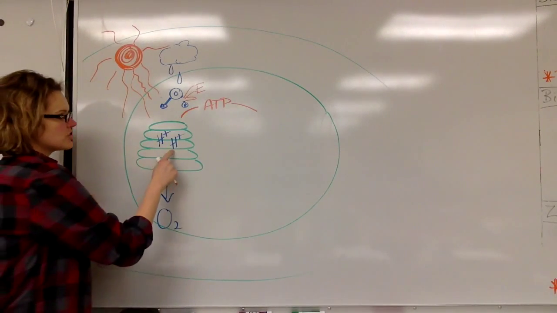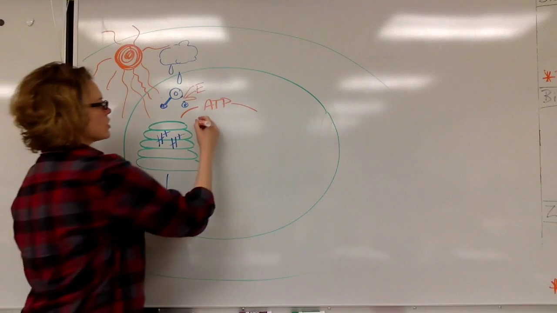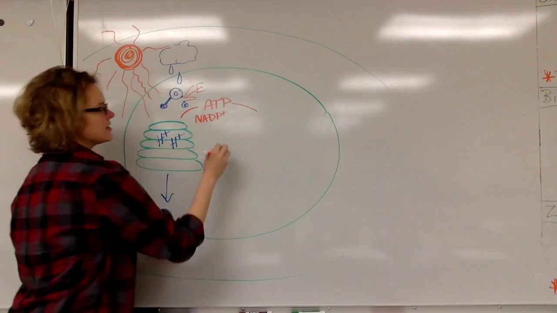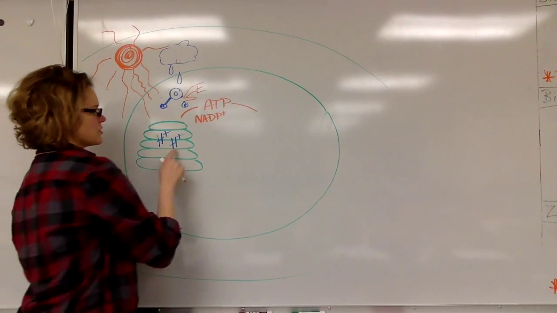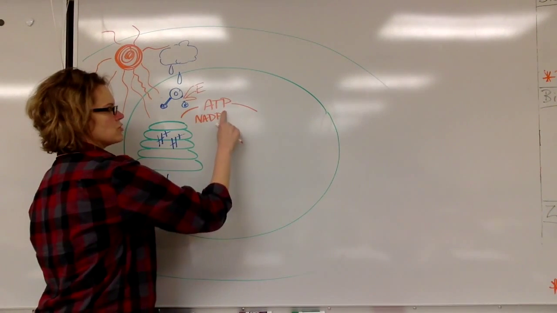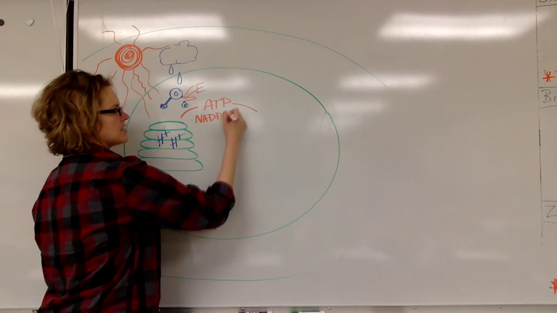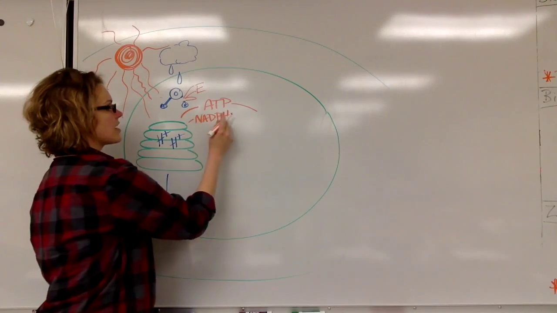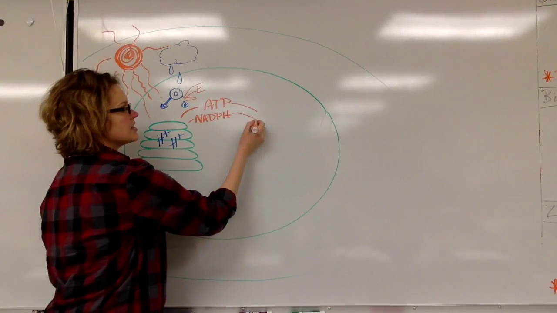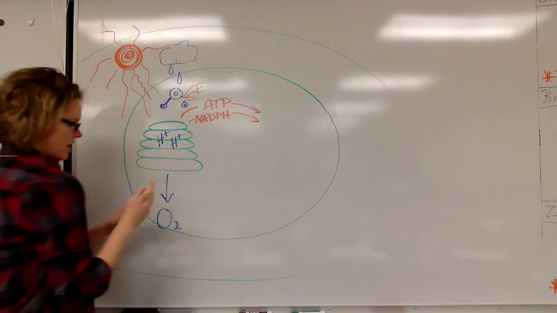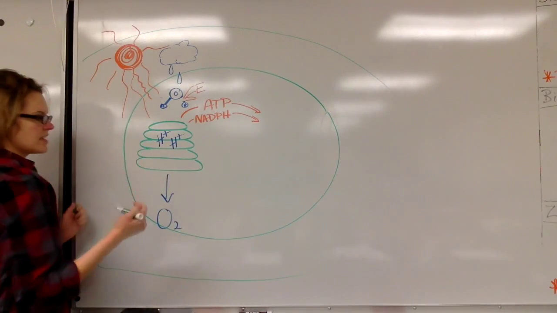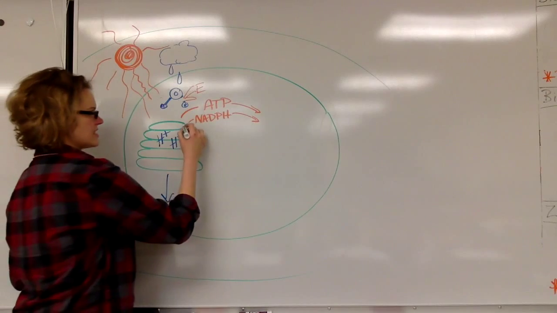The second has to do with these hydrogens. At first we have NADP+, and then we're going to attach these hydrogens to that. So we're going to make a bond here. So here's another energy carrier, one that is going to carry along the energy in those bonds to the next part.